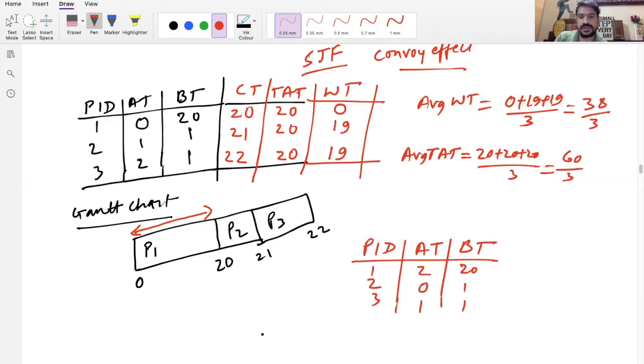Then if you go for the Gantt chart again, you will find that at time 0, P2 is there, it will execute until 1. Then at 1, P3 will come, it will execute for another 1, until 2. Then at 2, P1 will come, and it will execute for 20 units of time and end at 22.